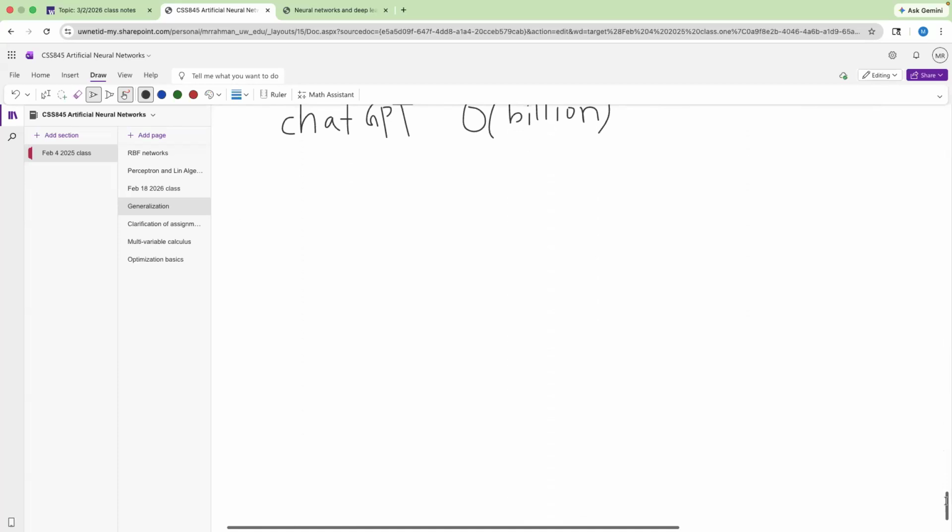As an example, let's say this is a ground truth model that we have, and we have some samples on here, right?